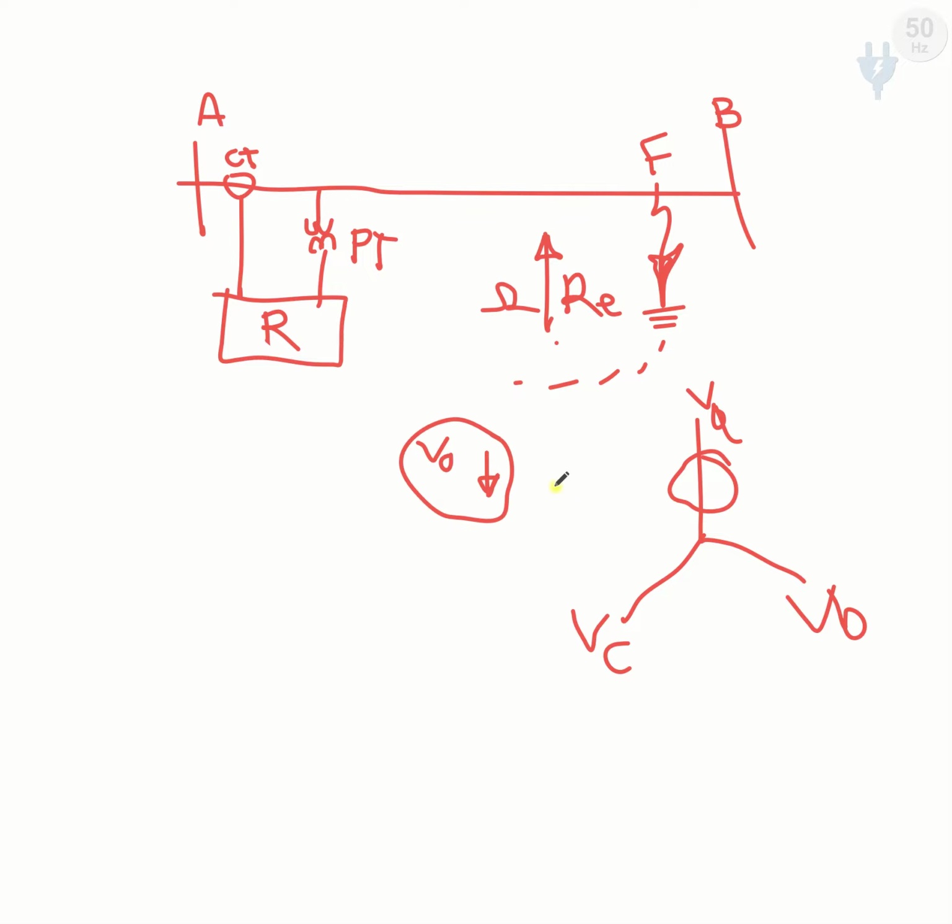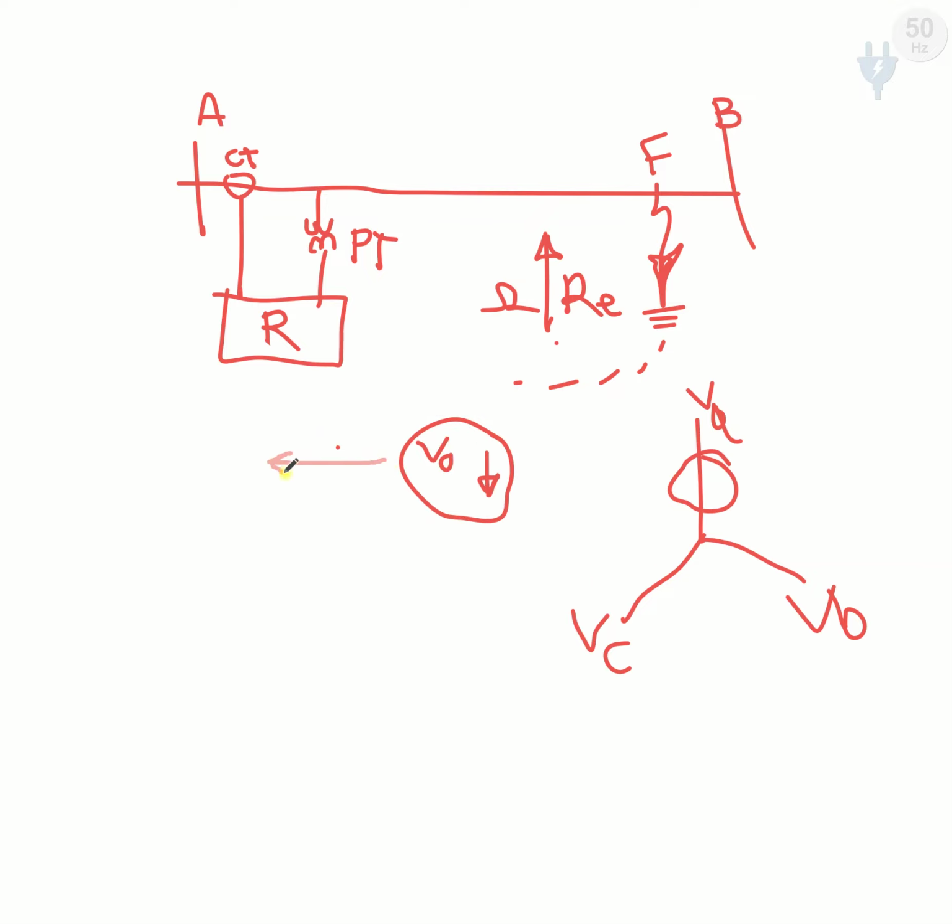So if we want our relay to detect and report these types of faults too, then we need to consider the threshold value for the pickup of this relay. We need to set the V0 threshold very low.